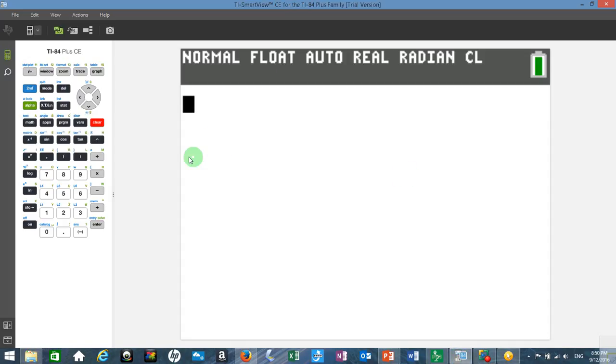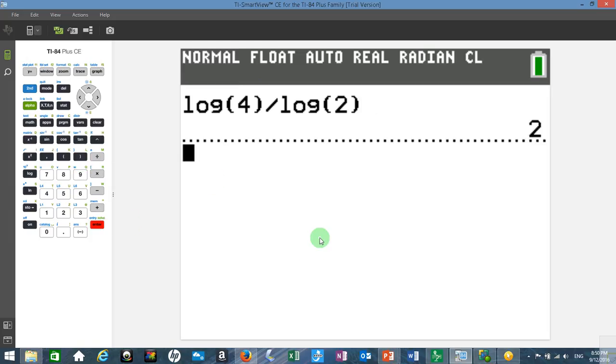Log of 4, so I would hit the log key, close parentheses, divided by log of 2. And that comes out to be 2.